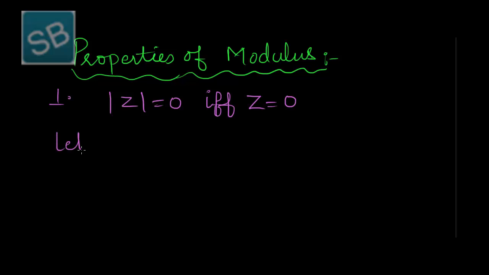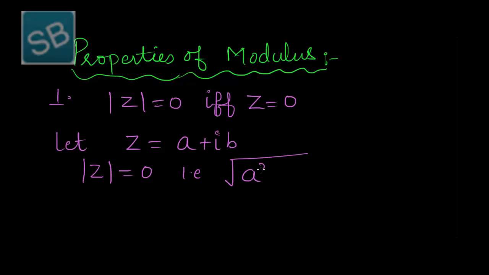Let z be equal to a plus iota b. Then we have mod z equal to 0. By the definition of modulus, that is the square root of a square plus b square is equal to 0.